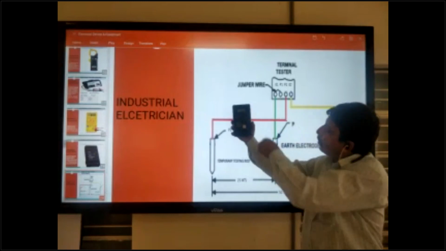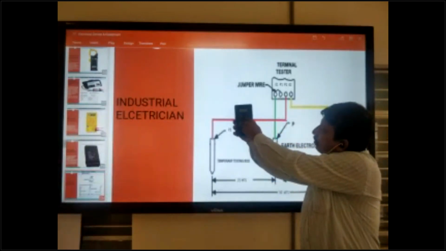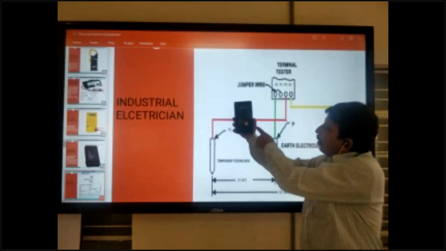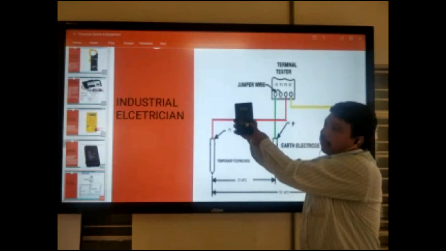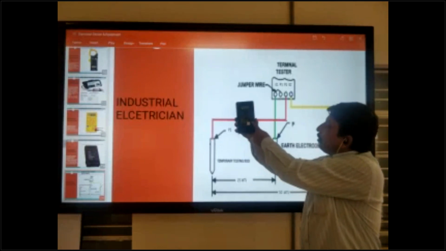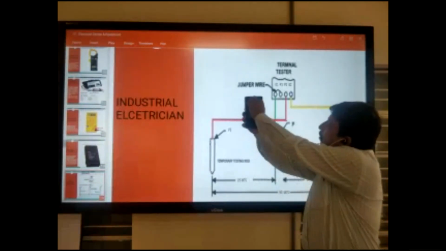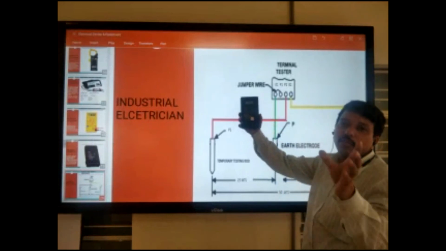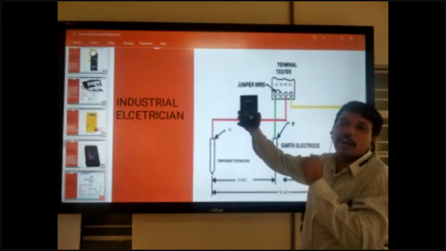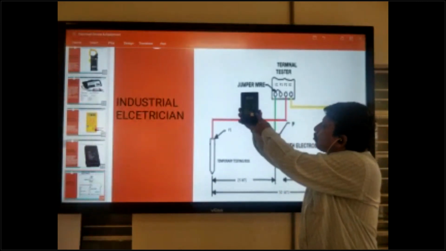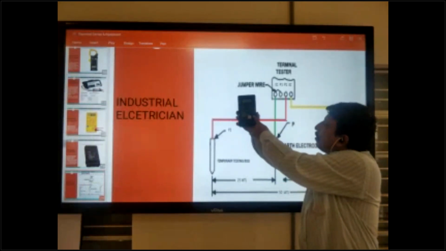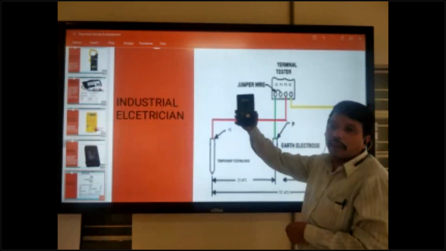You switch on and push for 30 seconds. You count 1, 2, 3, 4, 5, 6, 7, 8 like that, and then release. Whatever digits come there is your earth resistance value. You can push for 30 seconds. That is the pushing system. So you switch on and do like that.